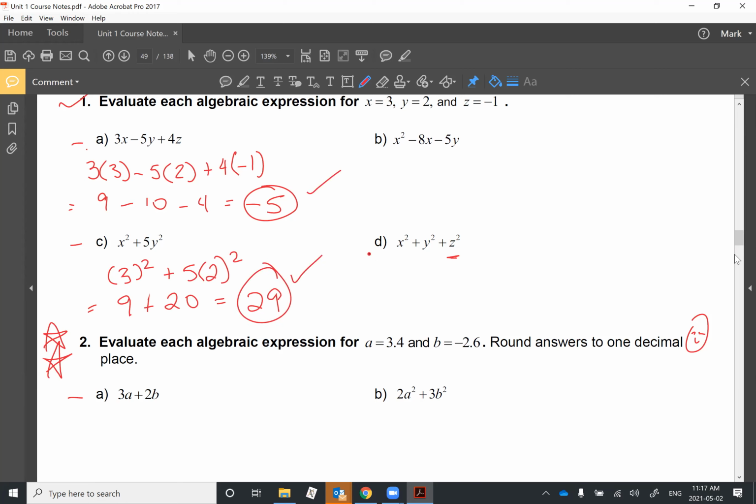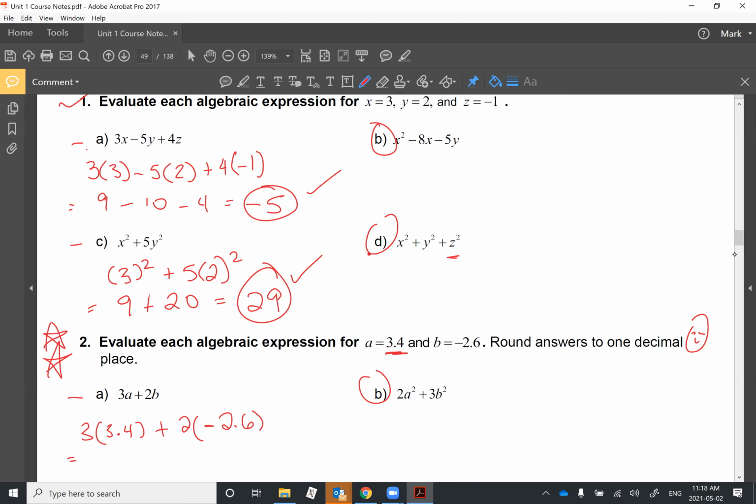Perfect. All right, number 2, and then I'm going to let you guys practice. I want you guys to try these 3. Number 2, 3A, but guys, A this time is going to be a decimal, 3.4. And B is also a decimal, and it's negative, so it's -2.6.